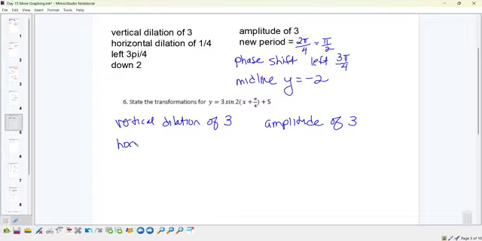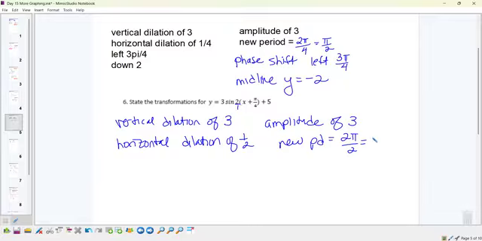We've got a horizontal dilation of 1/2 because you reciprocal the multiplier. So that means the new period is 2 pi divided by 2, which is just pi.